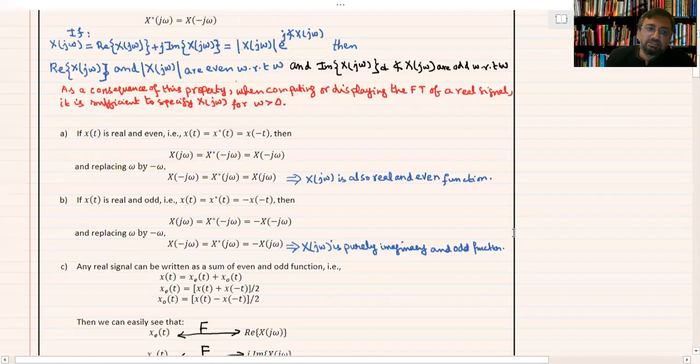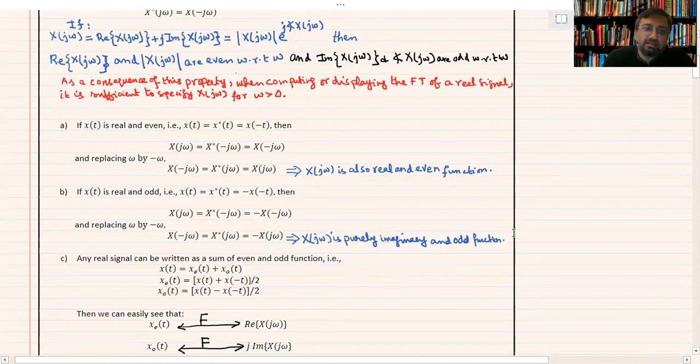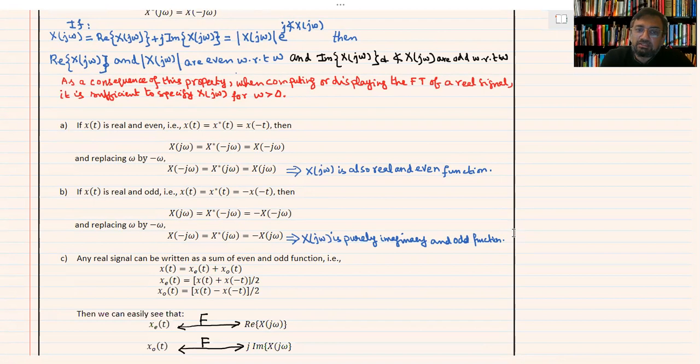Then in addition to x(t) being real, if it is also even, we can show that the Fourier transform of a real and even signal is also a real and even function with respect to omega. Similarly, if x(t) is a real and odd function in time, then its Fourier transform is purely imaginary and an odd function with respect to omega.